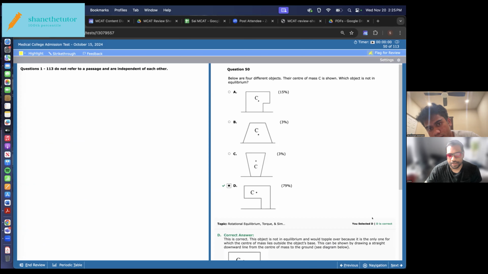So the center of mass is where that gravity force comes down on, right?